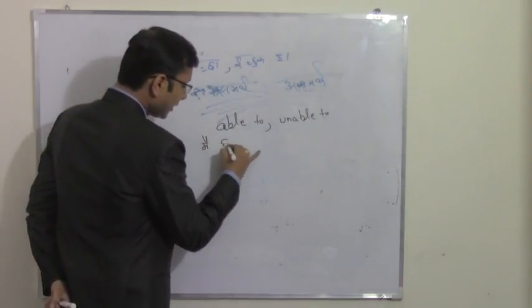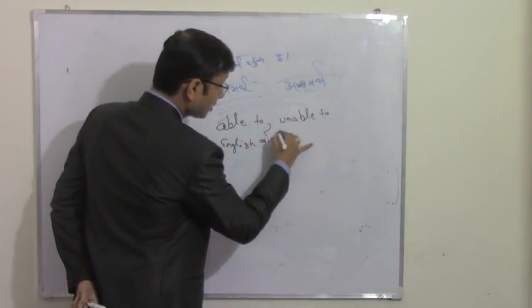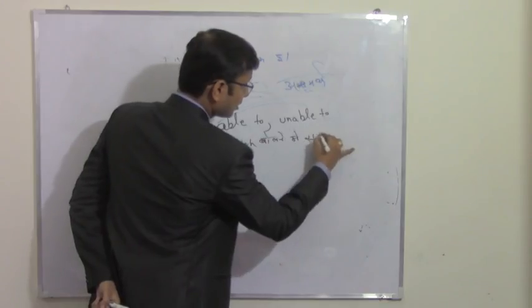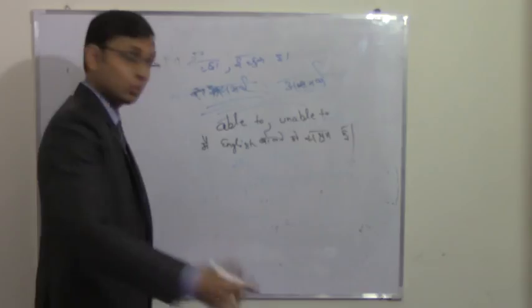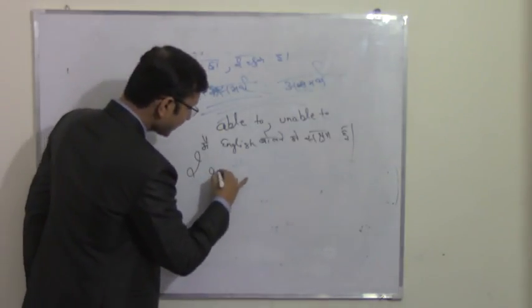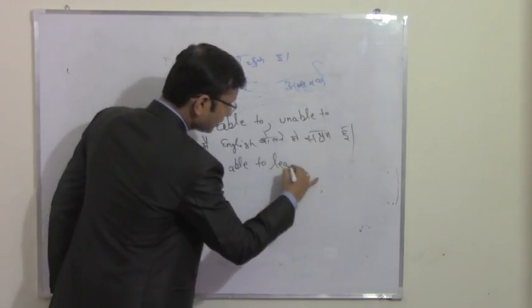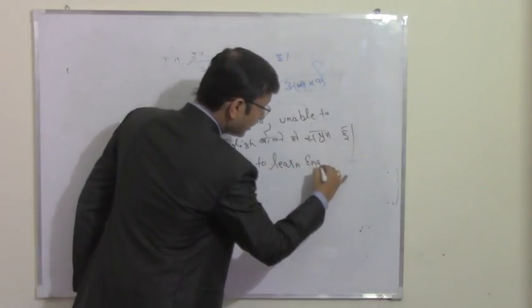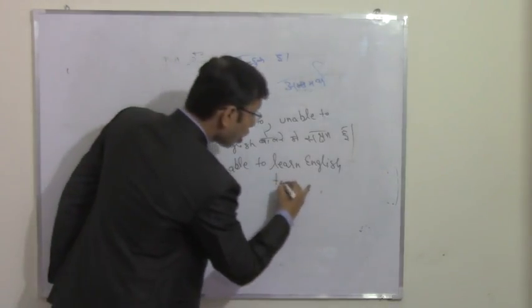मैं इंग्लिश बोलने में सक्षम हूँ या समर्थ हूँ. So I am able to learn English, or I'm able to talk in English.